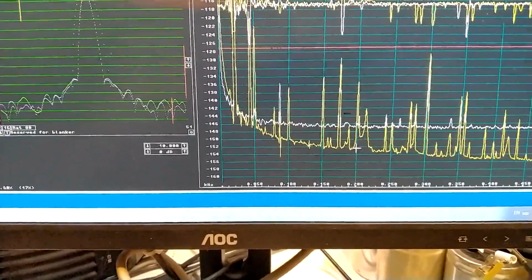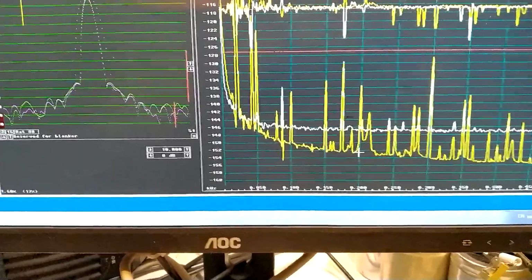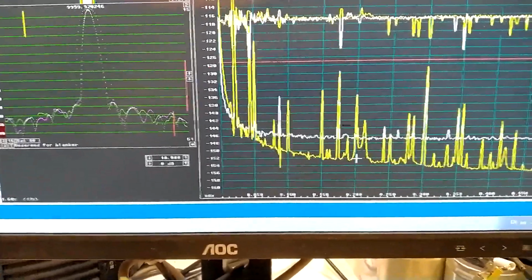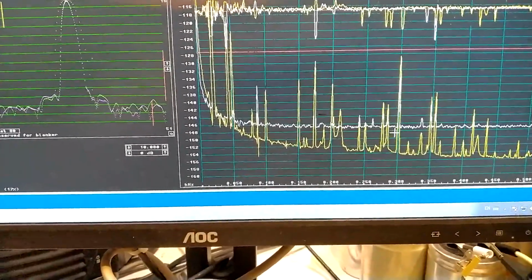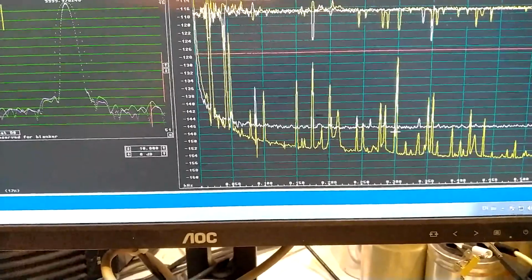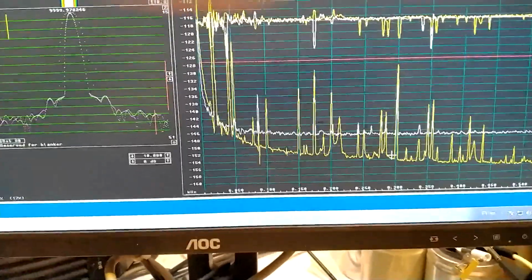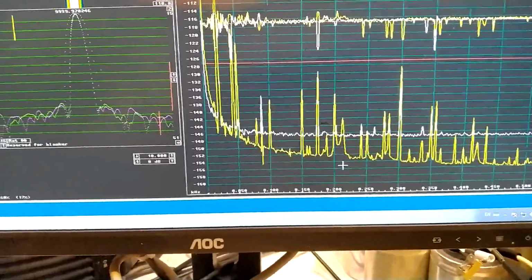And it's now at minus 152.5. And at 400 Hz, it was minus 148.5. That is about here. And now it's down here. So it's about 5 decibels improvement in this range of a couple of hundred Hertz.